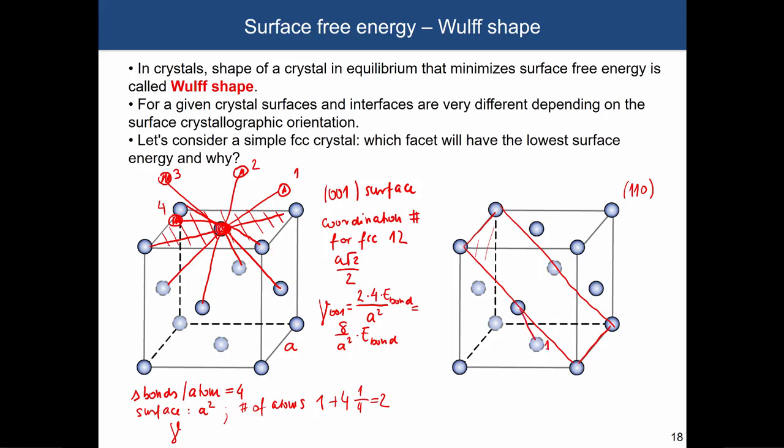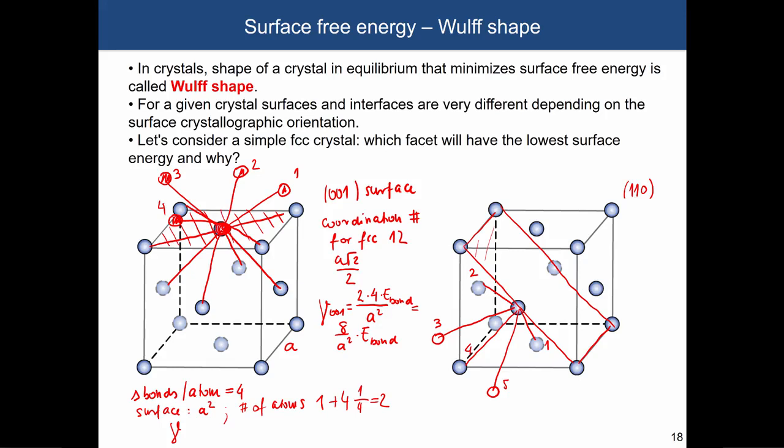So there is 1 atom here, then another atom here, so this is 2. Then there is the atom on the facet of the unit cell that is going out of the paper, this is 3. There is the atom in the corner here, and the 5th atom will be at the bottom of a unit cell here. So in this particular case, there are 5 bonds that are being broken per atom if you cleave the material along the 110 plane.